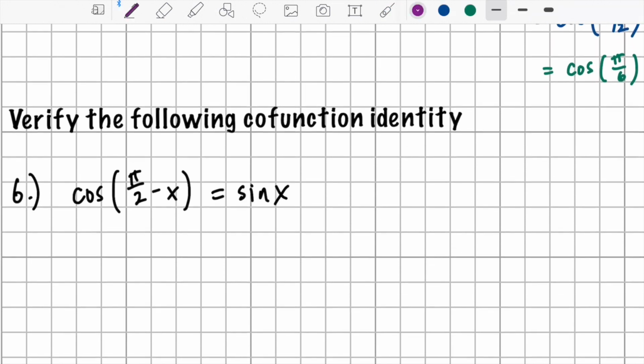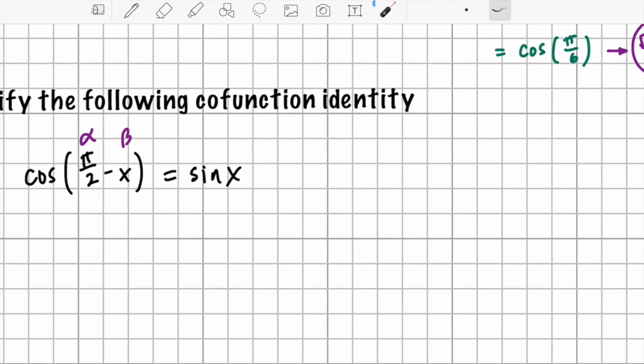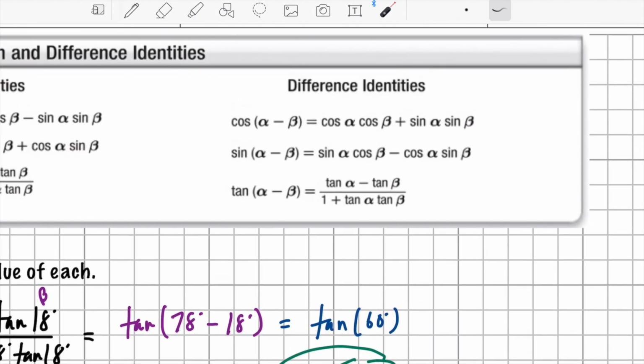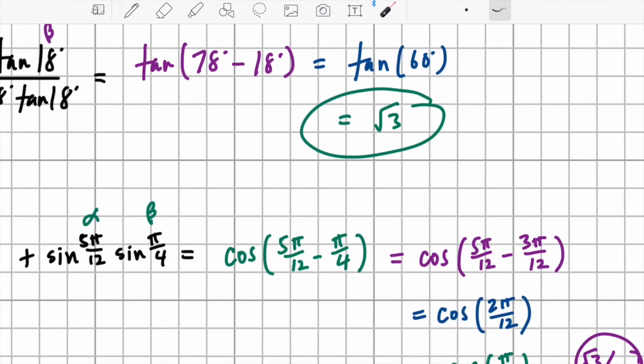Now, if this is alpha and this is beta, and we have a minus sign in between, let's look at the identities. So it's cosine alpha minus beta. That means I have to rewrite it like this: cosine, cosine, sine, sine. There's a plus sign in the middle. So let's do that.